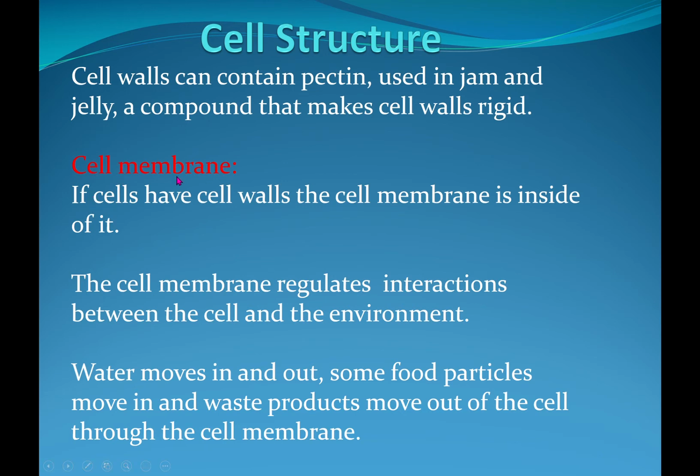When we talk about the cell membrane, the plant cell would have both the cell wall and the cell membrane right inside. The cell membrane regulates what goes in and out of the cell. Water moves in and out. Particles of food move in and out. Waste moves in and out.